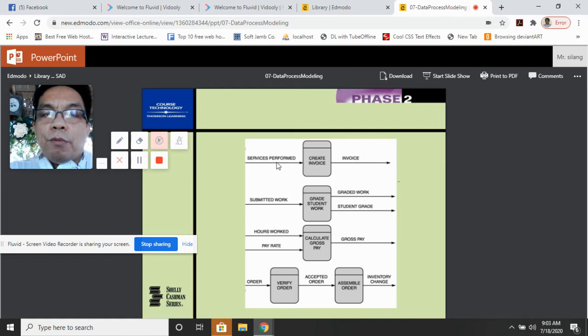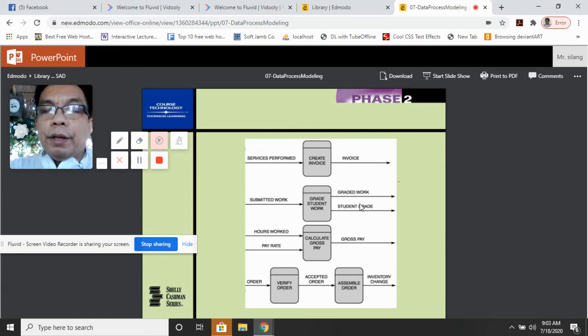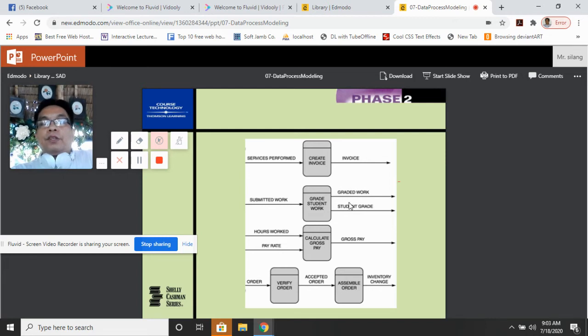Then we have submitted work, maybe the work of a student. What are we going to do with the work of the student? We grade the student work, and then we produce, in this case, two outputs. So we have one input producing two outputs. Our outputs will be the graded work and the student grade.